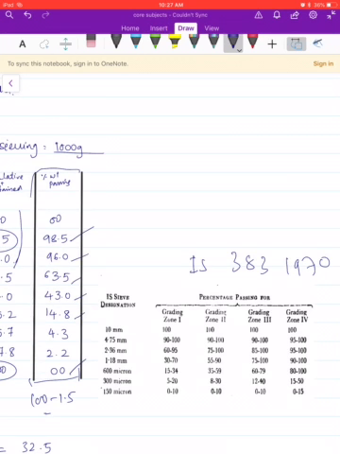Whichever zone matches, the soil sample will be in that particular zone. For example, let us say these values match with zone 2, then the soil can be considered as zone 2 soil. If it matches with zone 3, it has to be termed as zone 3, like this. So this is IS 383.